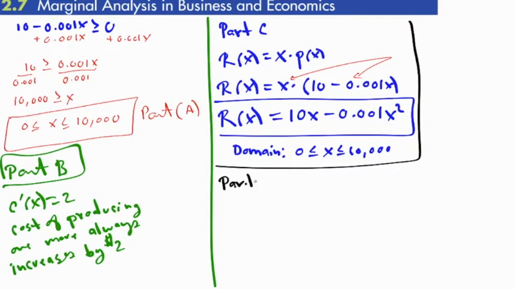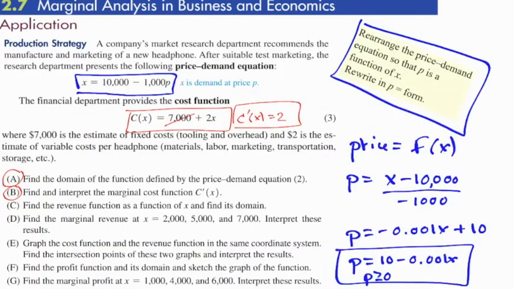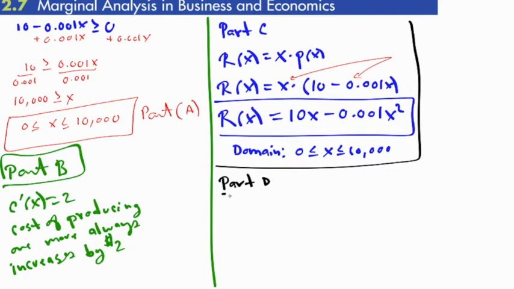Part D says find the marginal revenue for x equals 2,000, 5,000, and 7,000. Interpret the results. So marginal revenue is R prime of x.